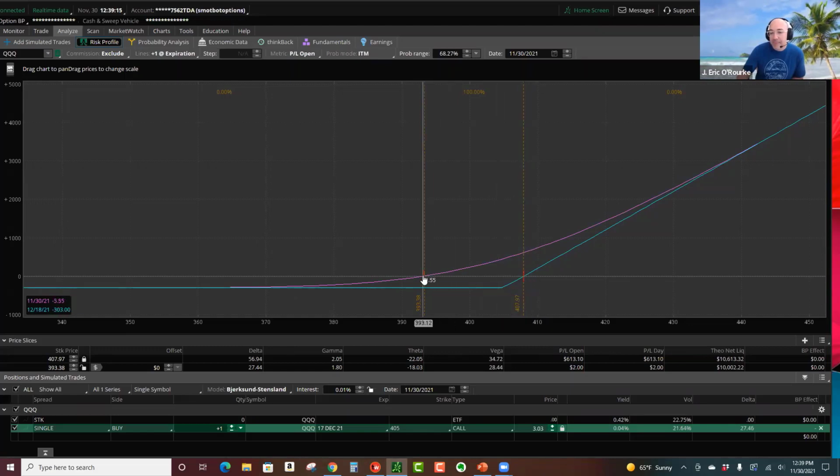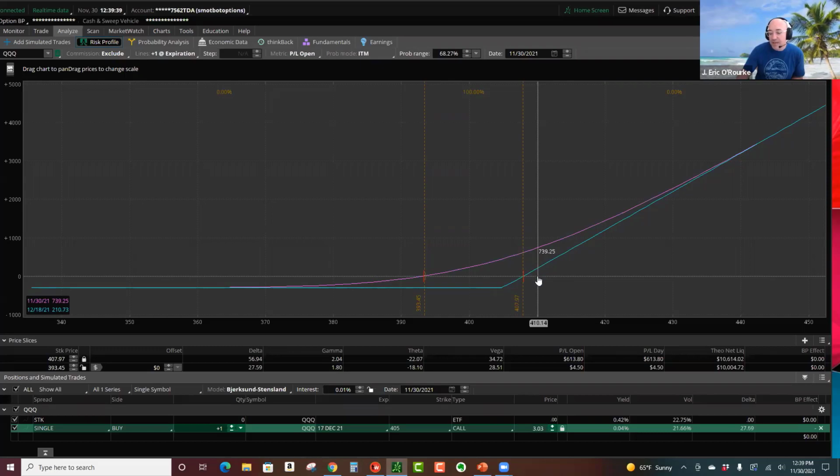However, this purple line is sort of the right now line, or the T line they call it. And what that means is if you bought that option today and the market went crazy and went up to this level, let's say it goes up to 410 tomorrow, that $3 option would be worth about $1,000, right?